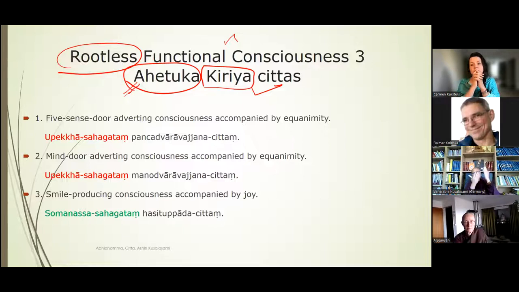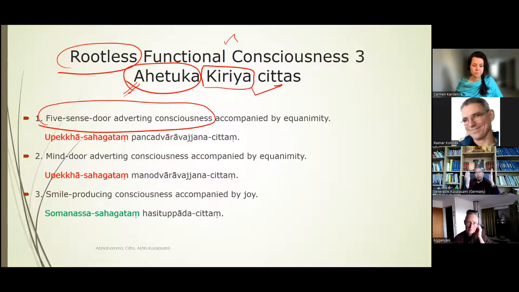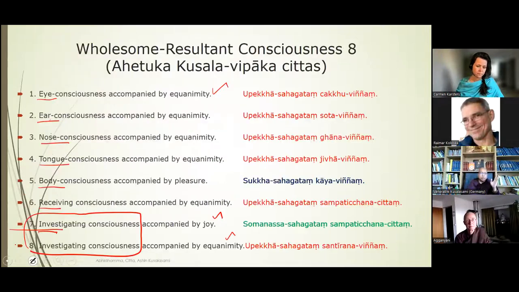Before looking at the sky, I need this consciousness first, the five sense door adverting consciousness. That means, oh, I will look to the sky. Then I look.